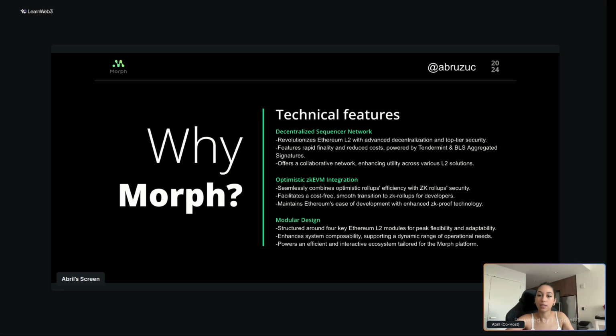So we use optimistic rollups and zk rollups, which are responsible for data verification. It utilizes a hybrid approach, blending optimistic and zk rollups, as I said, which means layer 2 states are finalized by a shorter challenge period. Usually it takes 7 days, and with us, because of this integration, it can take 2 or 3 days. So it's definitely way shorter. And it's proved by a ZK proof.